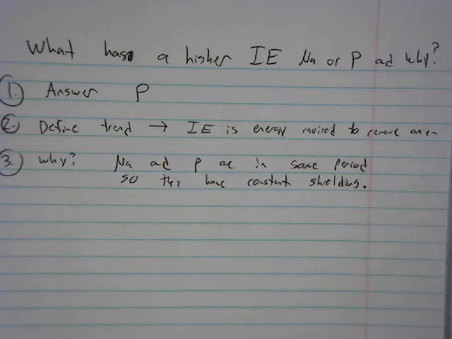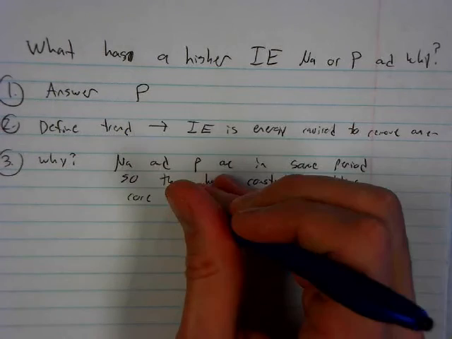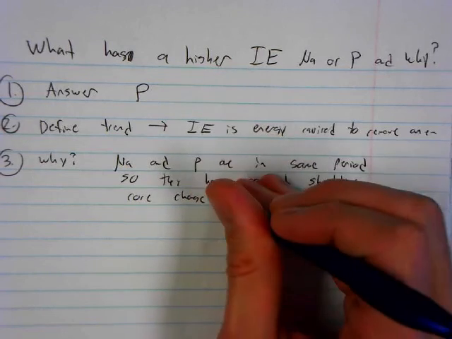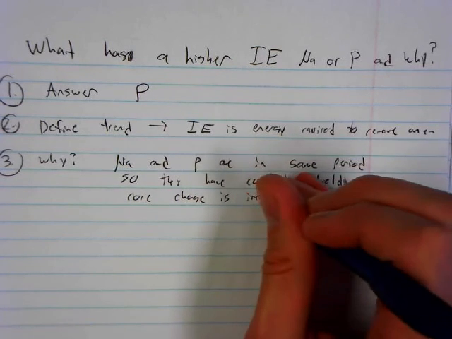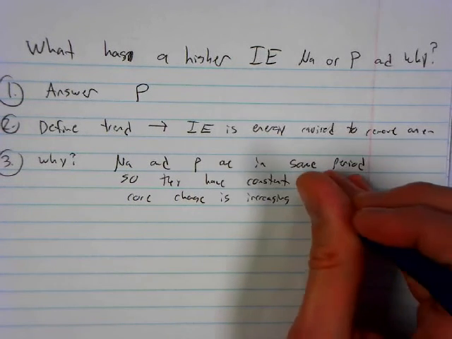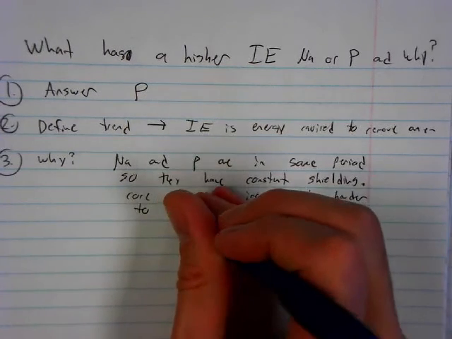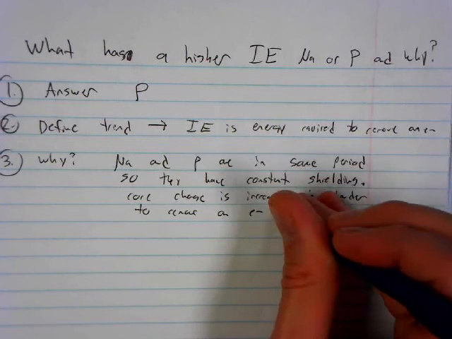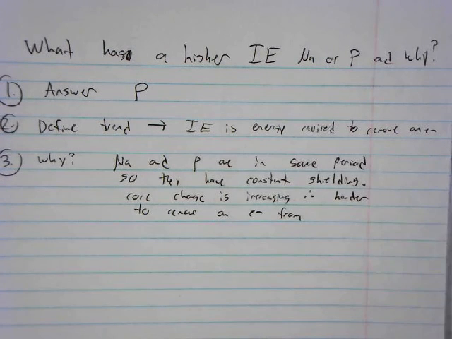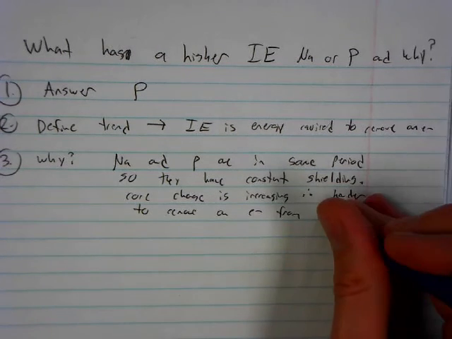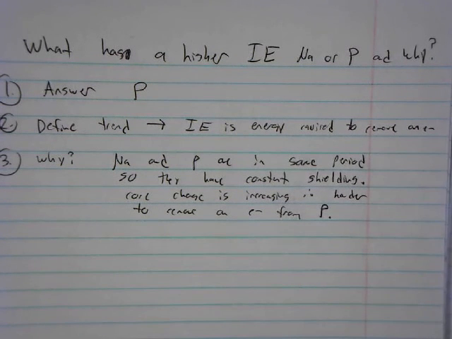And what's increasing? Core charge is increasing. Therefore, it's harder to remove an electron from phosphorus.